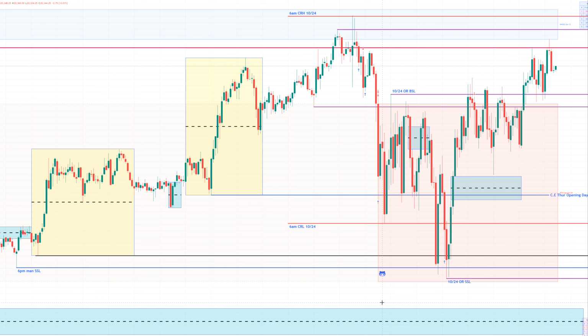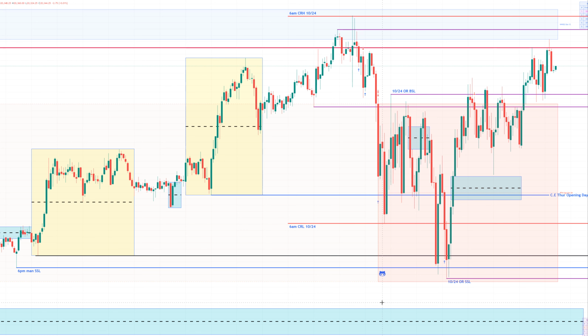So when you look at that manipulation, sell side, buy side, whatever it is, okay, if you see price run overnight in the opposite direction, the one thing that you want to ask yourself that'll help you from a confluence and a price delivery standpoint is to ask yourself, am I above or below the previous day's PM session?